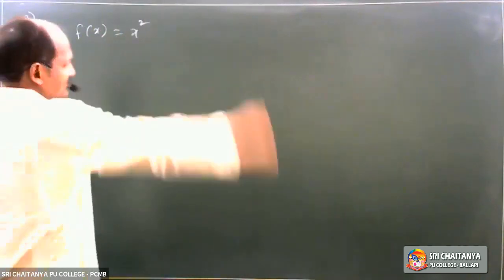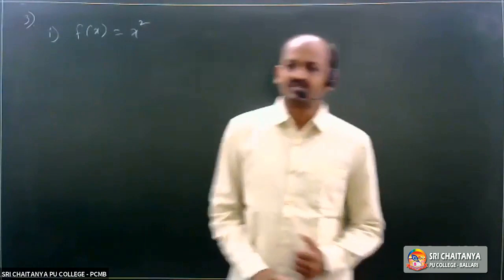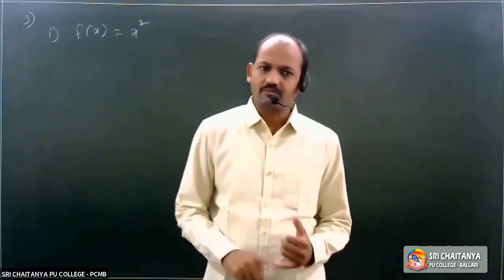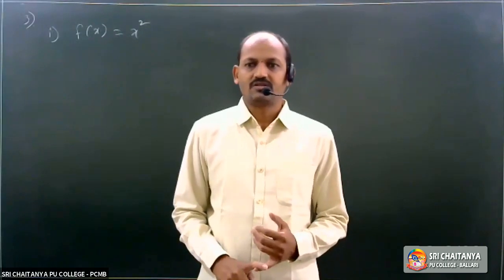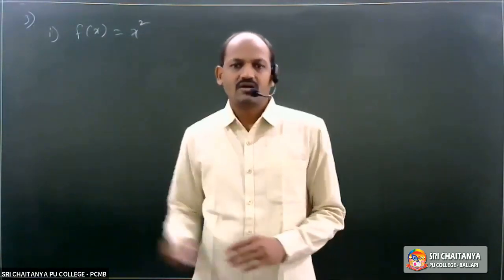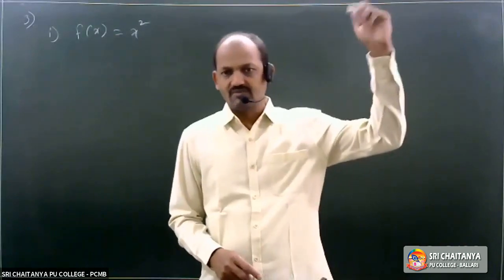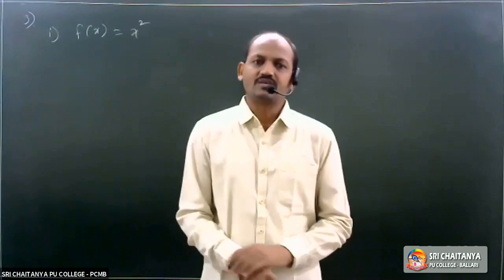Is the f of x equal to x square? Already you know absolute maxima, absolute minima, local minima, local maxima. First you observe that in the first diagram, the curve's topmost, highest value is the absolute maximum and the least value is the absolute minimum.